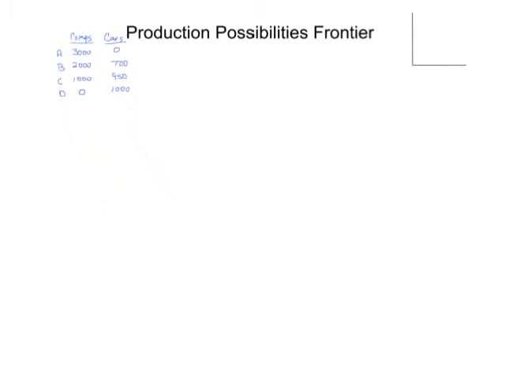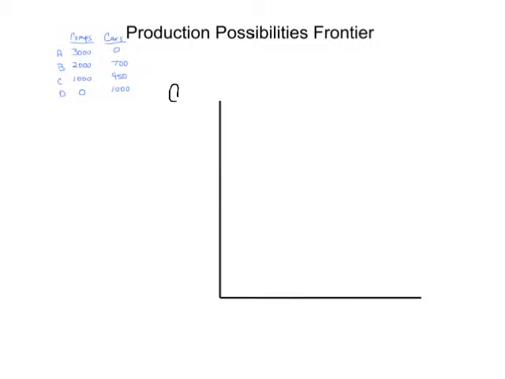Let's move that up out of the way here and get our graph out. So graphing these points, we have computers on the y-axis, we have cars on the x-axis.